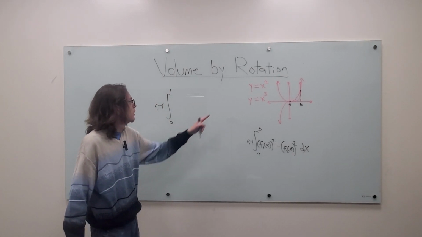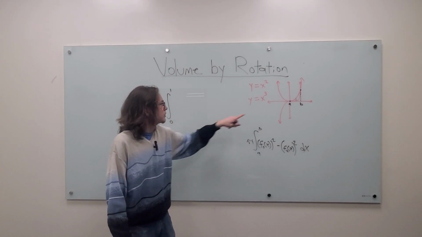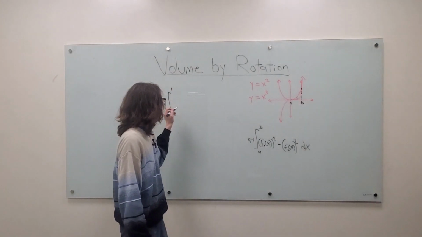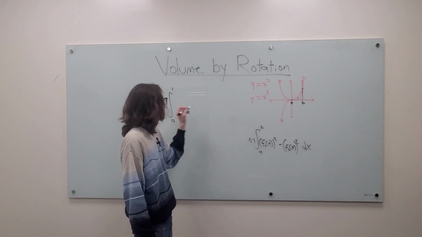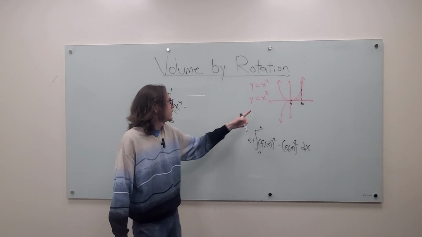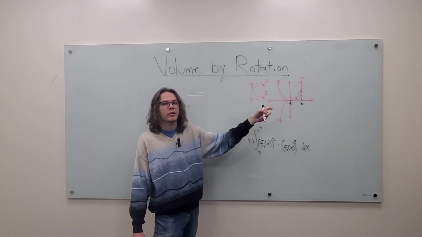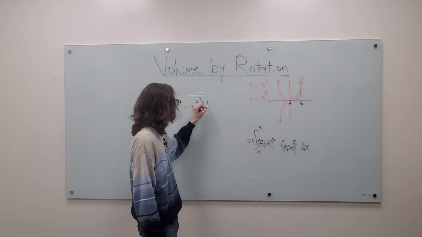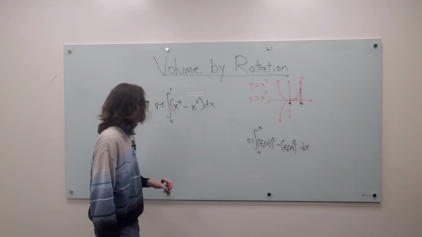Okay, so it's going to be our first function, our higher function, which on this interval is x squared. So it's going to be x squared squared, which is x to the fourth, minus x cubed squared, which is going to be x to the sixth, with respect to x.